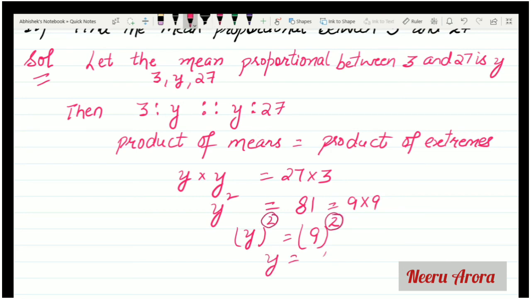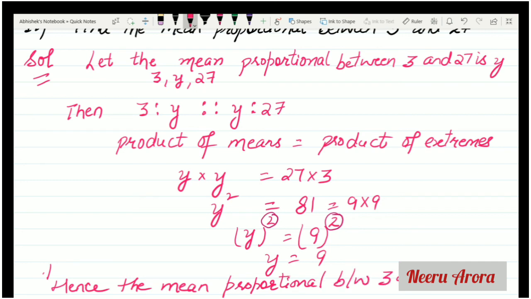So the value of y is 9. Hence the mean proportional between 3 and 27 is 9. I hope it is clear to you.